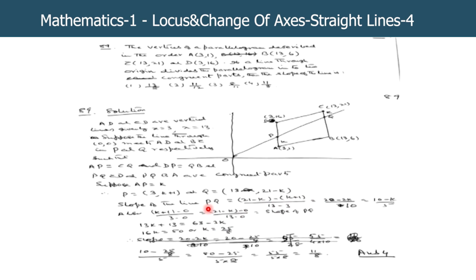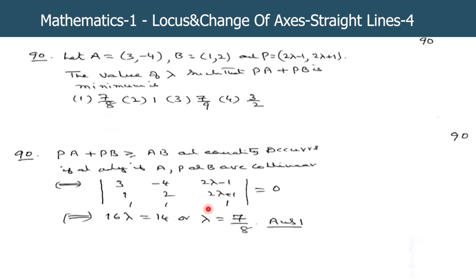So you can calculate the slope of PQ in two different forms, which gives the equation 16K equal to 50, or K is equal to 25/8. Then the slope is (10-25/8)/5, which is (80-25)/(5×8), equal to 55/(5×8), which is equal to 11/8. So the answer is 4. The correct option is 4, 11/8.